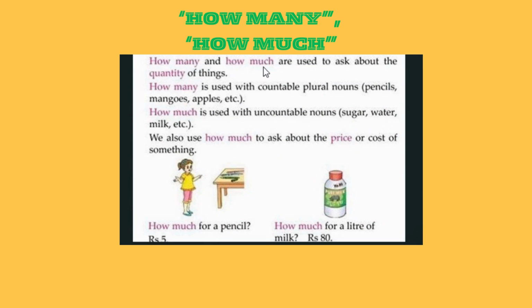How many and how much are used to talk about the quantity of things. We use how many and how much to ask about the quantity, the volume of something, like the number or quantity of things.